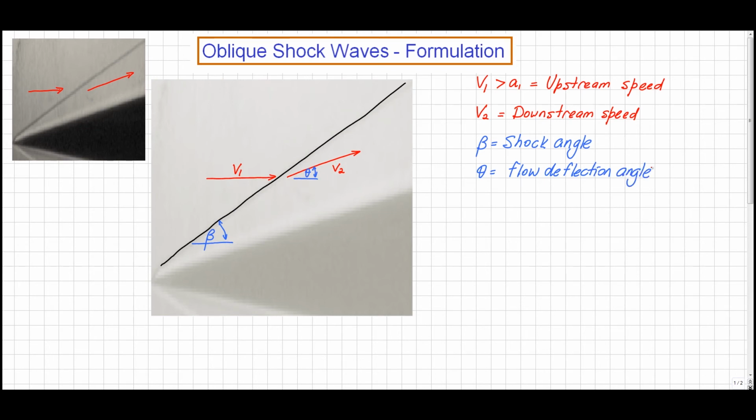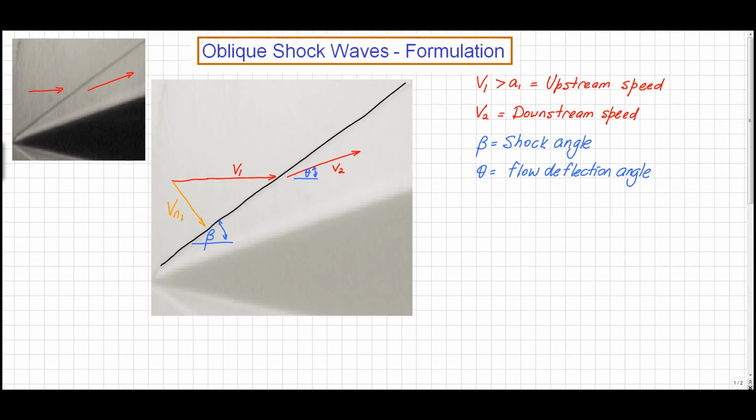Let me just make a small adjustment here. I'm going to make v1 just a bit longer there so that it's a higher speed than v2 is going to be. Next, we're going to break the velocity into components parallel and normal to the shockwave. So let's start with v1, and let's say that normal to the shockwave is going to be a component of that velocity that we'll call vn1.